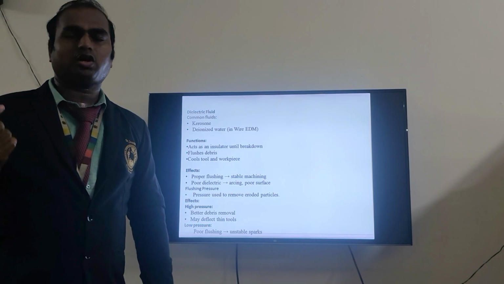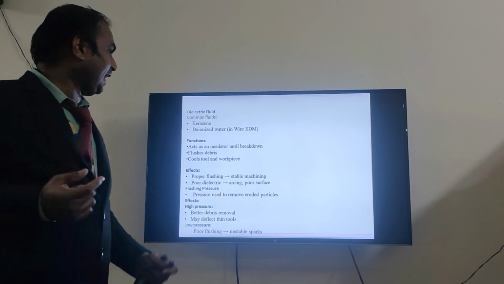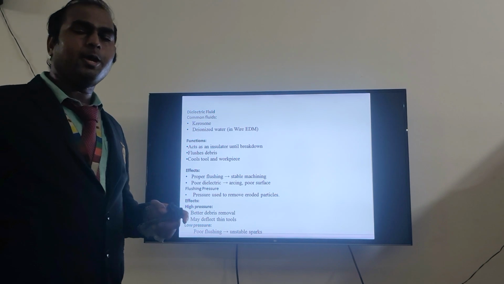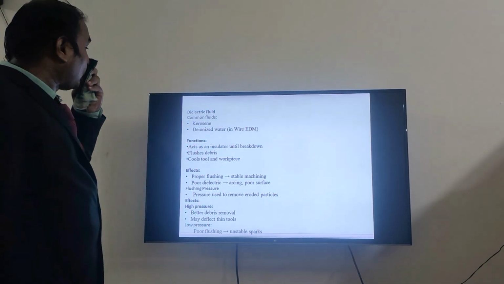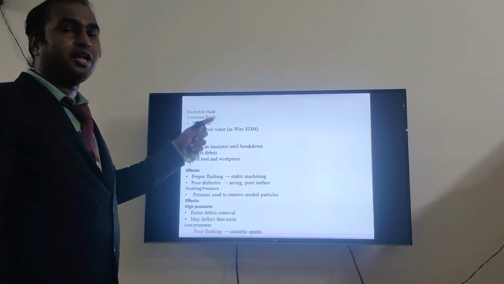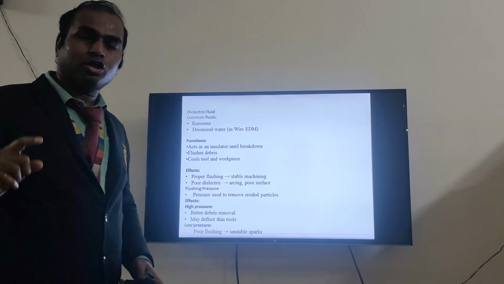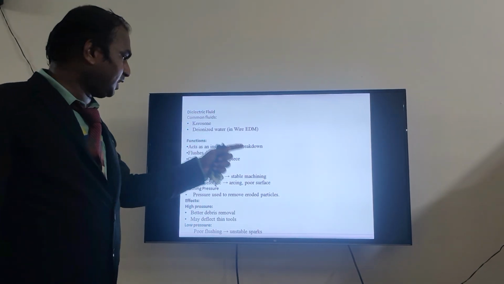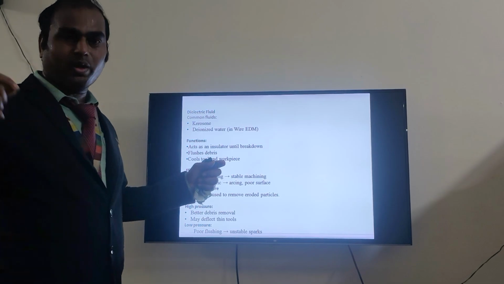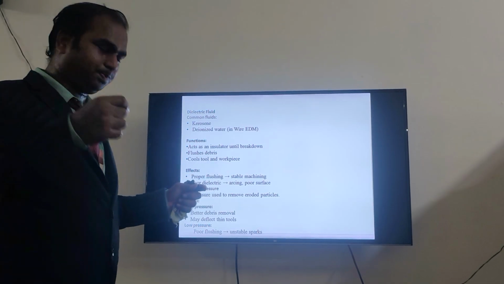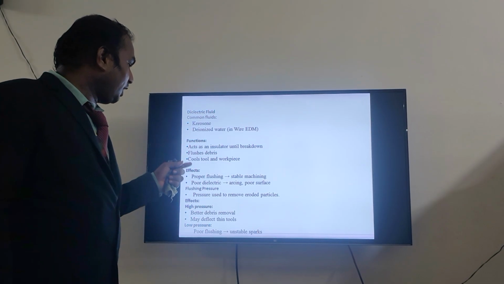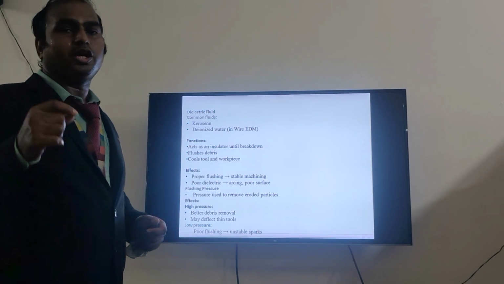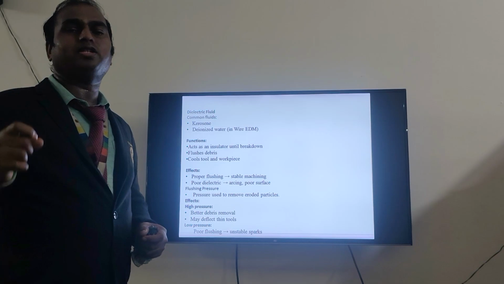Next is the selection of dielectric medium. There are various factors in choosing dielectric mediums like kerosene and deionized water. Most frequently, many industries use only deionized water in the electrical discharge machining process. Its functions: it acts as an insulator, which breaks down, flushes debris under flushing pressure, and prevents oxidation. It also cools the tool and the workpiece, acting as a cooling chamber between them in order to reduce deformation of the workpiece.